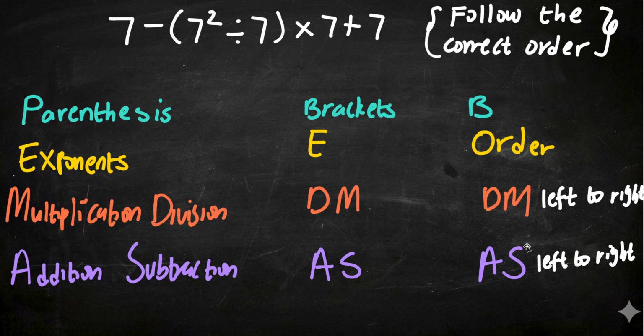Parentheses or brackets have the highest rank in the system, followed by exponents and order, then multiplication and division, then addition and subtraction. Note that addition and subtraction is left to right, as well as multiplication and division, which means that division does not come before multiplication and multiplication does not come before division. We just do it from left to right, whichever one we see first.